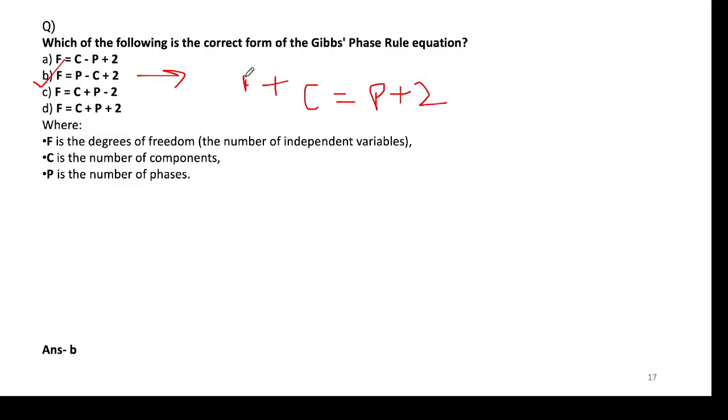You can remember it like this also, where F is the degree of freedom, C is the number of components, P is the number of phases. This will always be equal. That is the Gibbs rule: the degree of freedom plus the number of components is always equal to the number of phases plus 2. Okay.